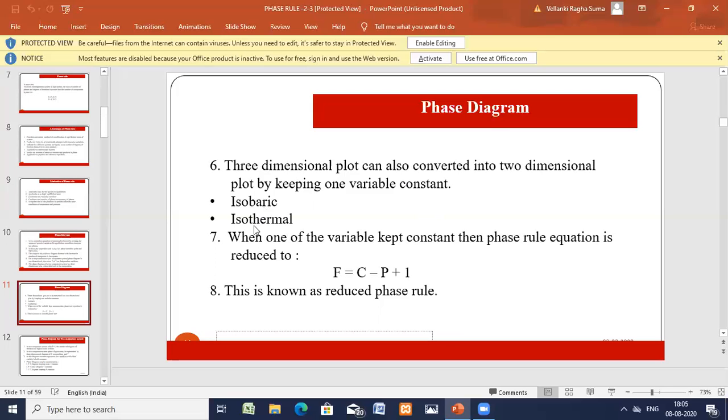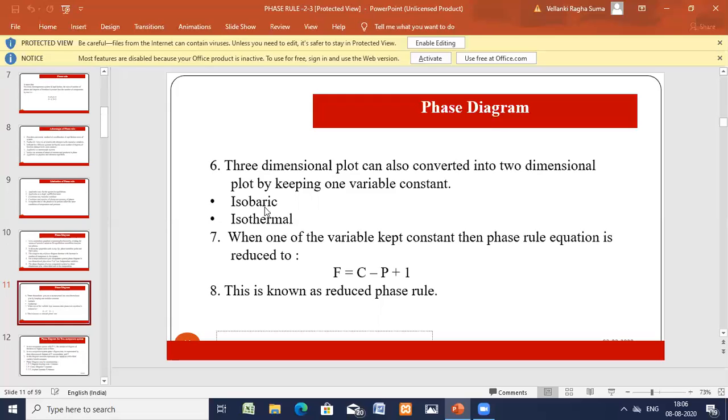So the three-dimensional plot will be there for a two component system, but the three is converted to two and studied. How is it converted? Any one of the terms is kept constant, and the remaining two are studied for the equilibrium system.